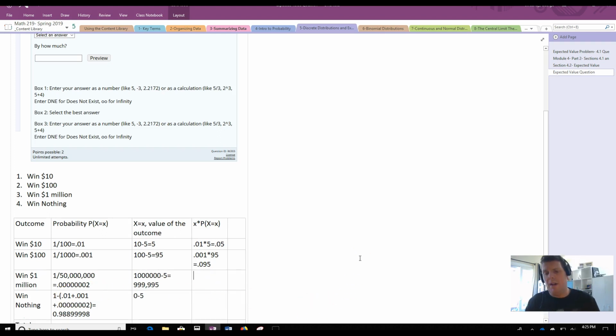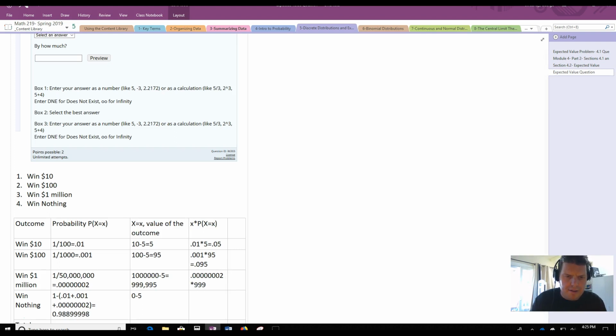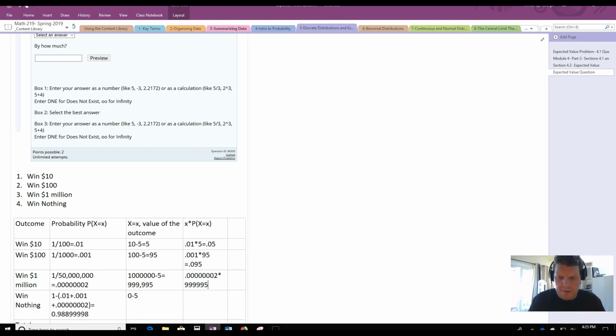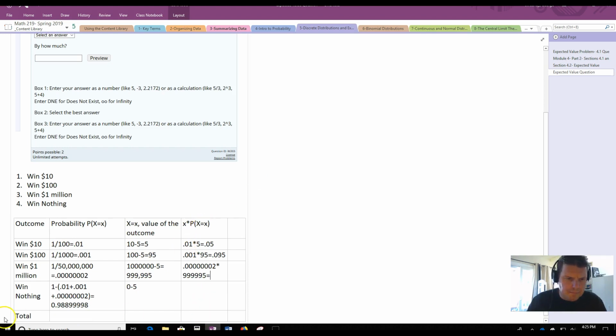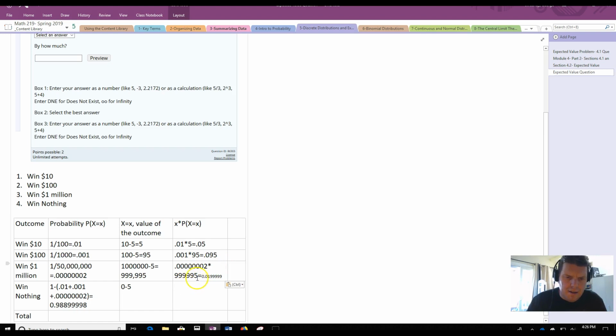Then I'll have this much smaller number. I'm going to pause for a second and go do the calculation. But that's basically going to be 0.0000200002 times 999,995. What I get when I multiply that is basically a little over almost 2 cents.